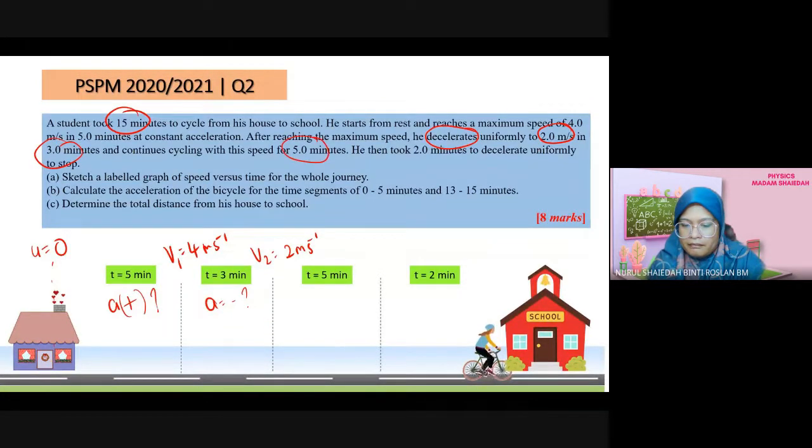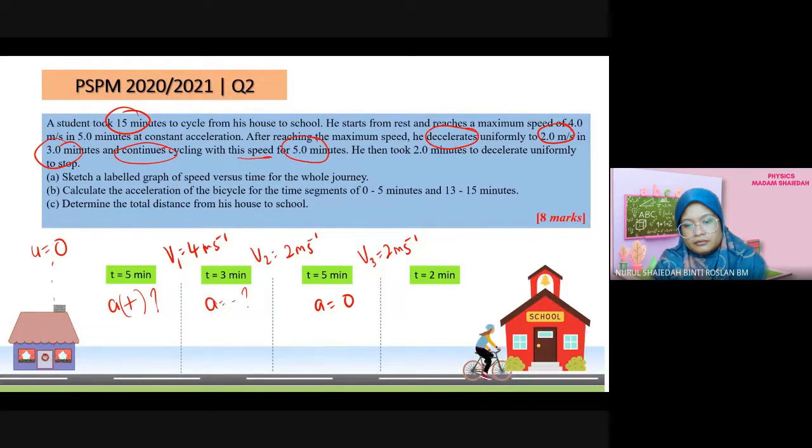So meaning after the cycle reached 2 meters per second, we continue cycling with this speed for 5 minutes. So the V for number 3 also here is 2. Because of the words 'continue with this speed', meaning the a here is 0. There is no acceleration within these 5 minutes.